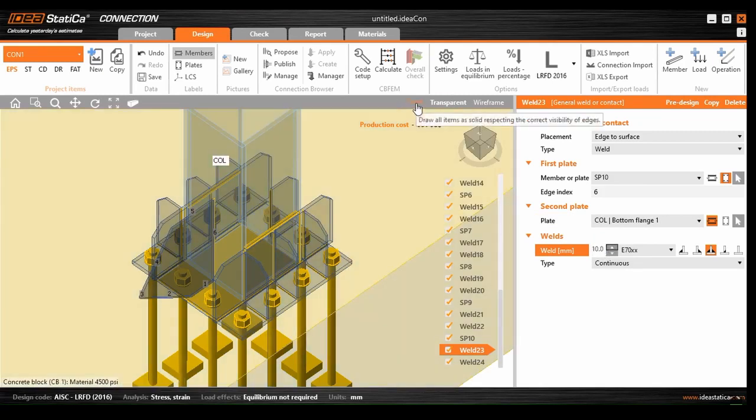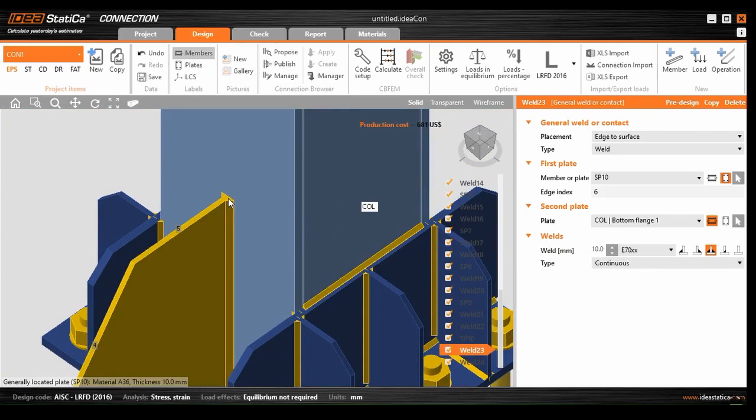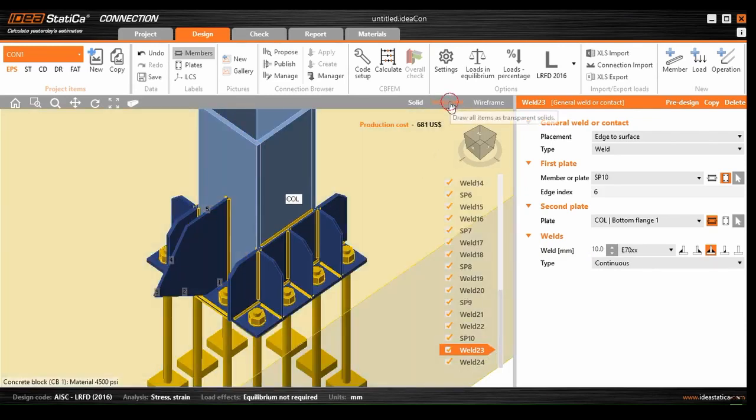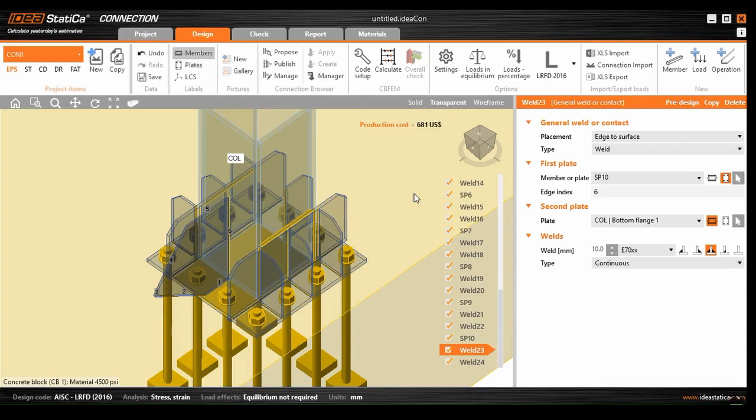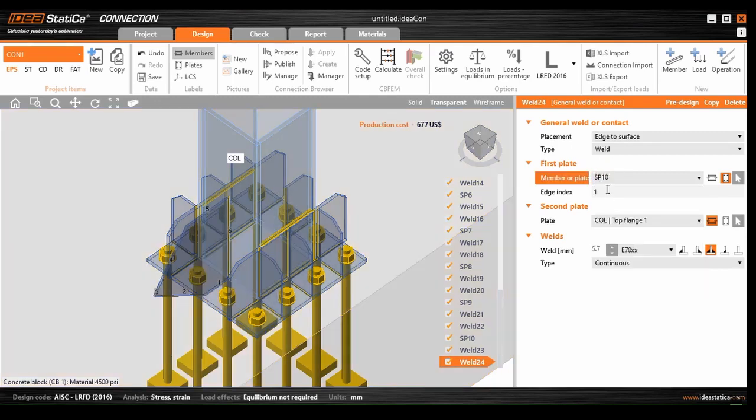Okay, go to solid mode and check whether it is added correctly. Okay, that's correct. Go to transparent mode again. Now click on weld 24. Assign SP10 as the first plate, and then for the index, choose index number 1.